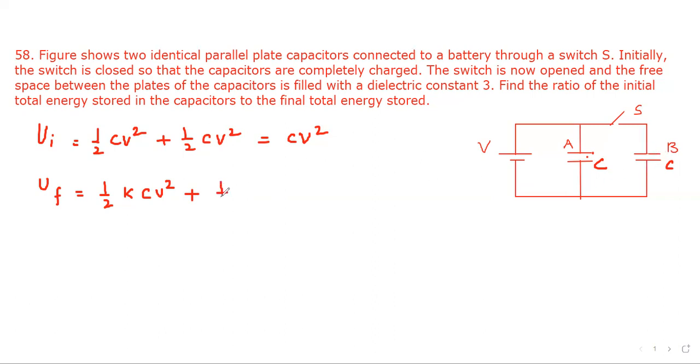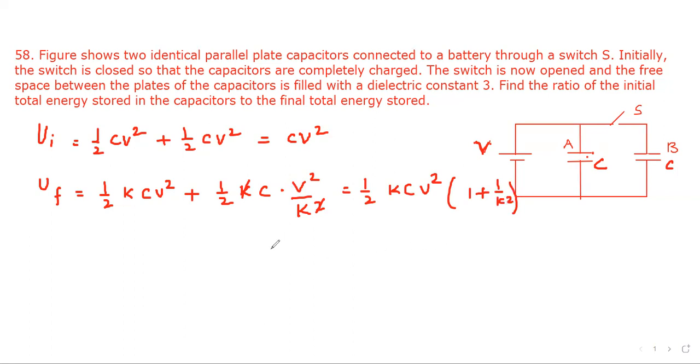So it will become 1 by 2 K C times V square upon K square, because the voltage becomes V upon K as it is not anymore connected to the source of voltage. Now, if we simplify, one K will cancel out and we will get 1 by 2 K CV square times 1 plus 1 upon K square.